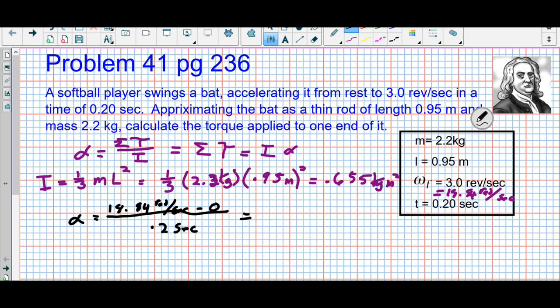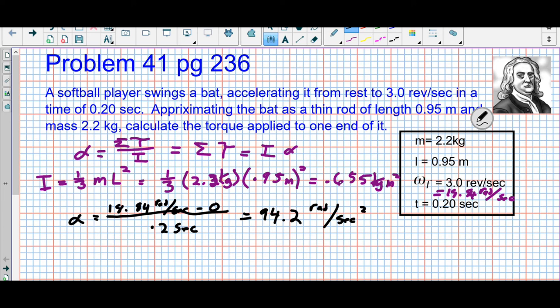Okay, so if I do 18.84 divided by 0.2, I'm getting 94.2 radians per second squared.